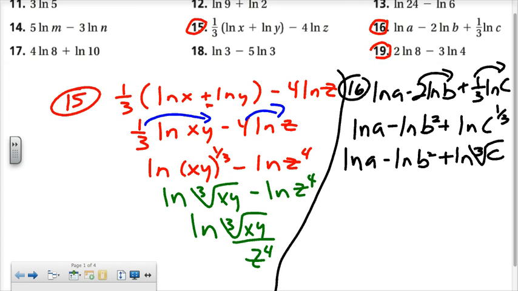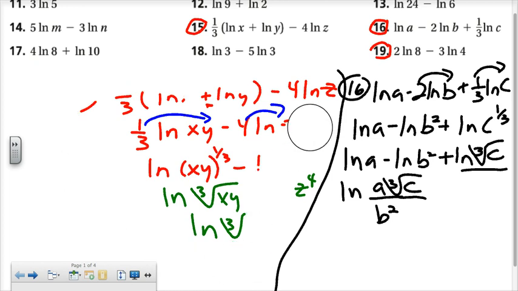And now that I have all the powers where they're supposed to be, there's just subtraction and addition going on here, and we follow the order of operations, which means we work from left to right. So this is the natural log of a divided by b squared, because that's subtraction, but then multiplied by that cube root of c. So it will be the natural log of a cubed roots of c over b squared. Again, always following the order of operations.